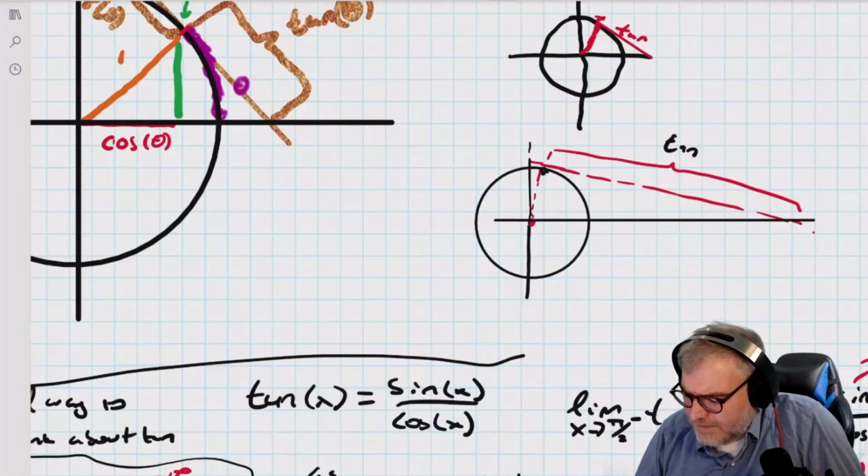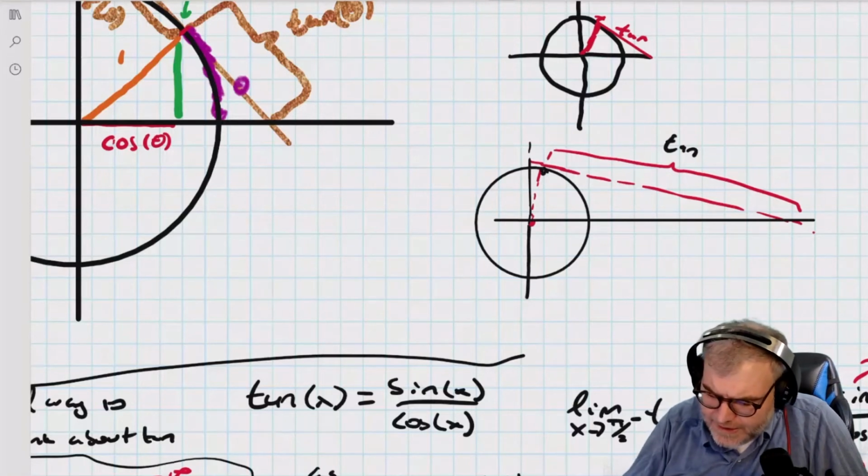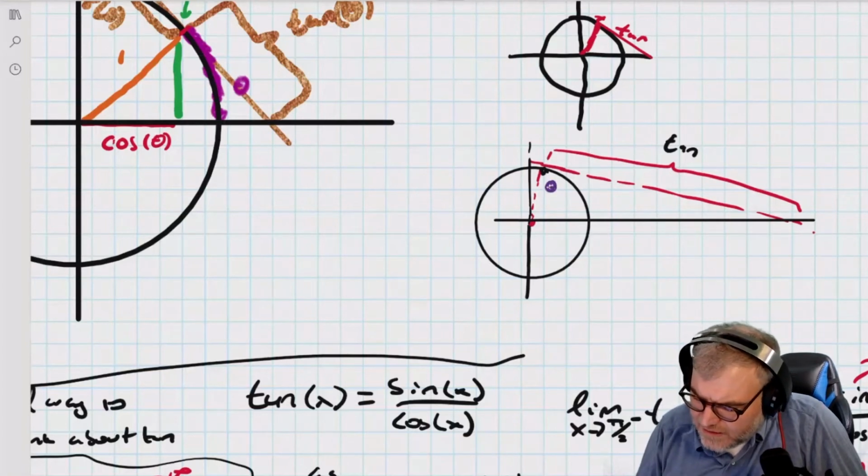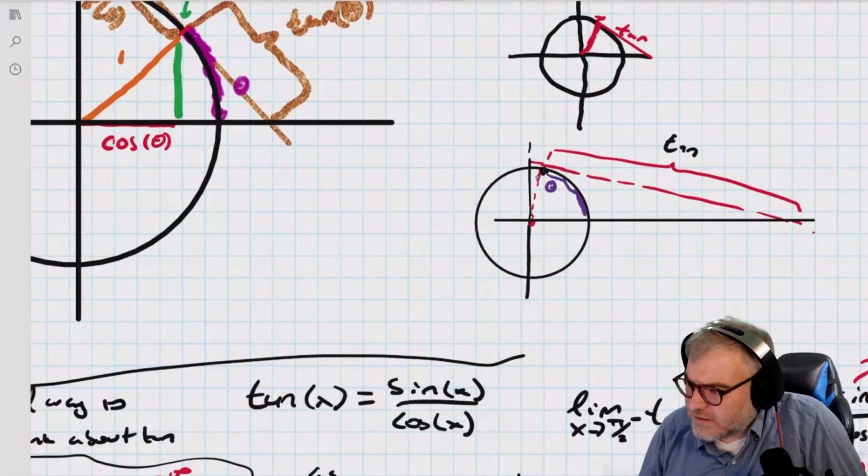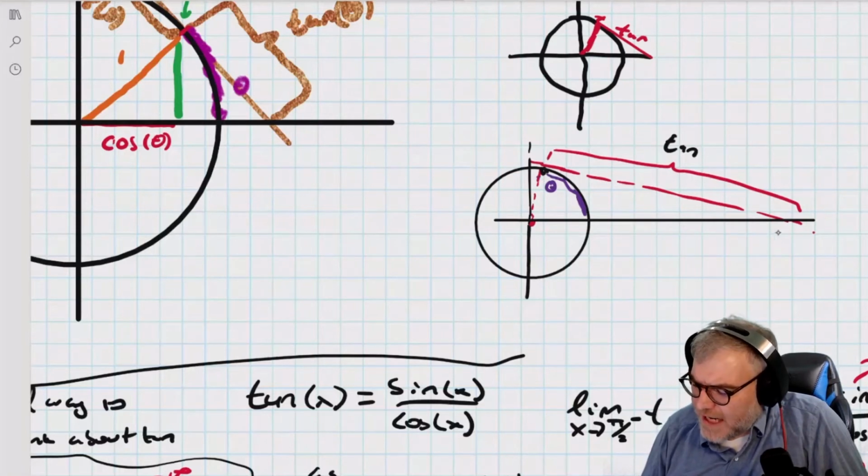Here's theta, right here. Tangent is the length of the line that is tangent to the circle from its point of intersection with the circle back down to the x-axis.